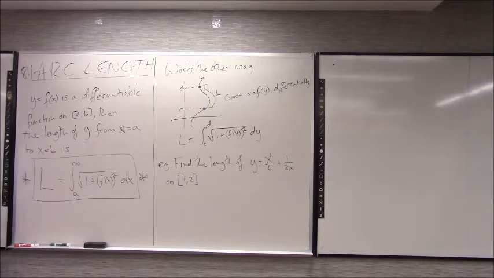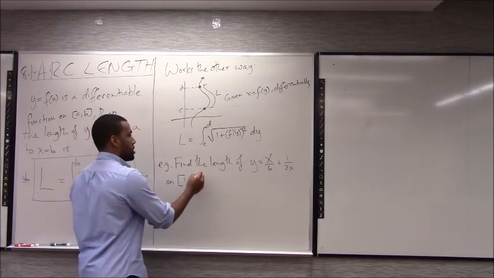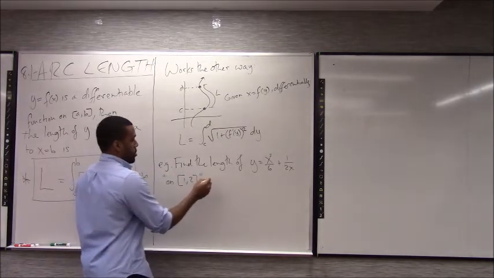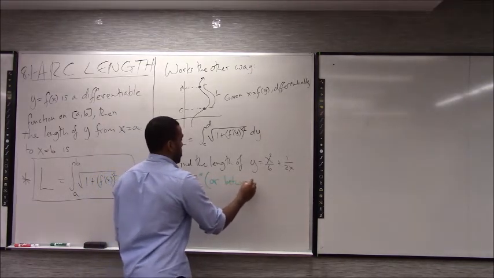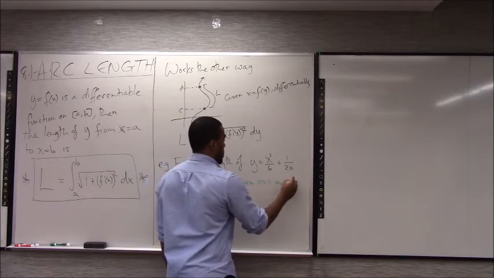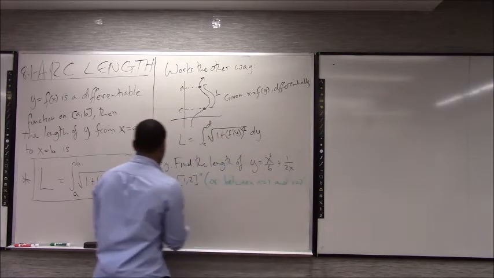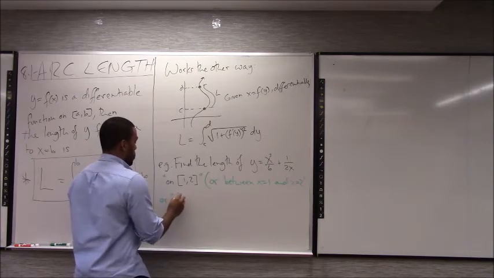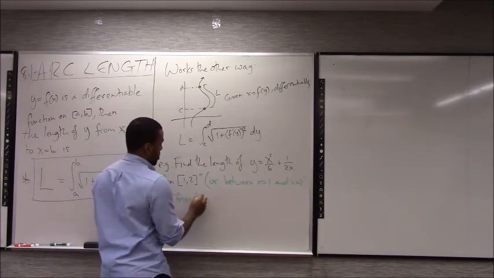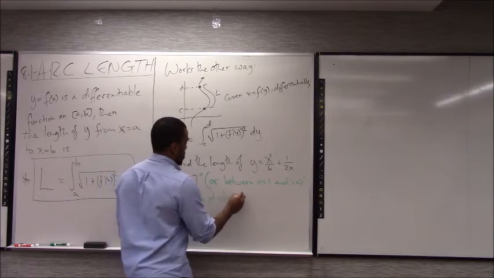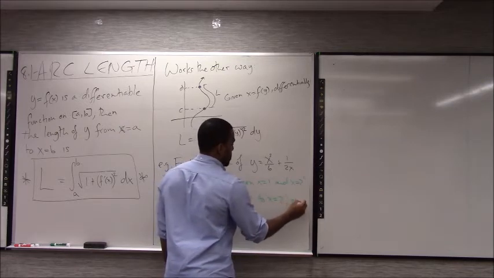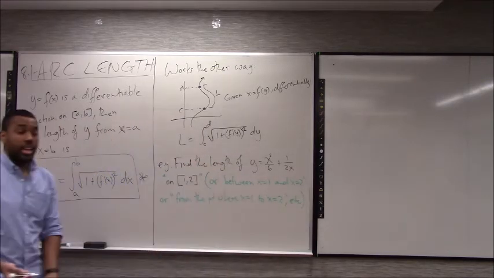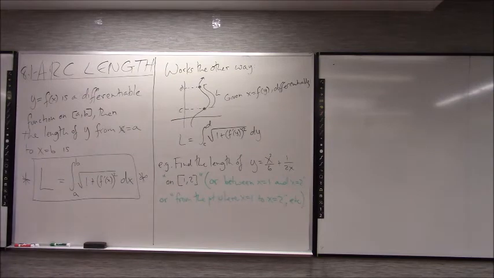The phrasing can be slightly different, but it's essentially going to be the same question. Instead of this, you could have said something like between x equals 1 and x equals 2, or from the point where x equals 1 to x equals 2, etc. But the idea is they're going to ask you to find the length of something on some interval where your function should be differentiable on that interval.